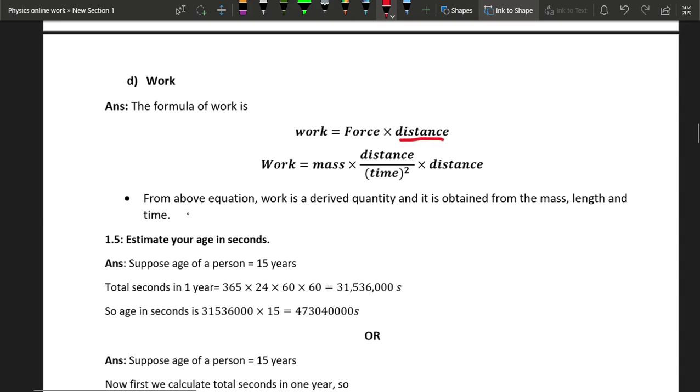So we come to know that work is a derived quantity and it is obtained from mass, length and time. So again three base quantities are involved: mass, length and time. So this is how we can find base quantities from the derived quantities. We must know the basic formula.